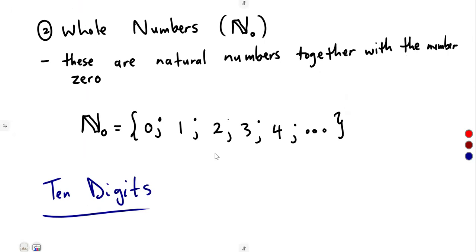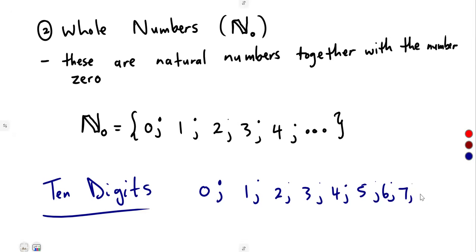Now, let's say we are writing 456, it's made from the digit 4, digit 5, digit 6, a 3-digit number. So we have 10 digits starting from 0. So this is 0, 1, 2, 3, 4, 5, 6, 7, 8, 9, 10.